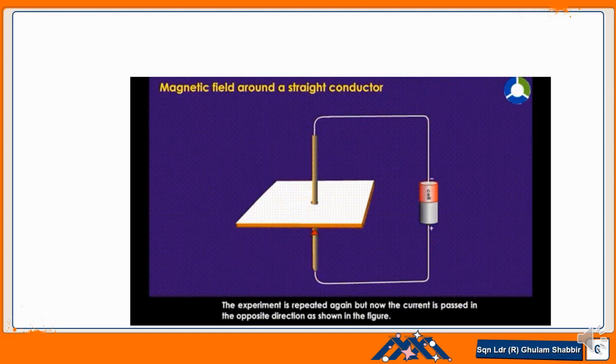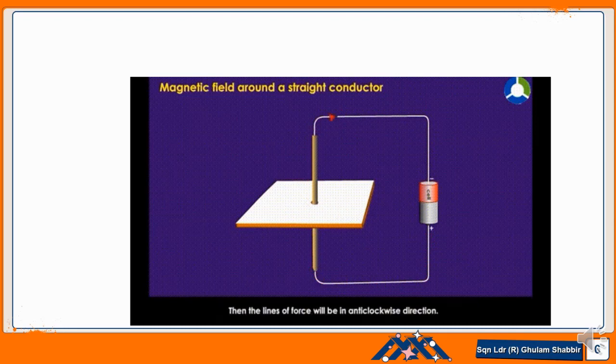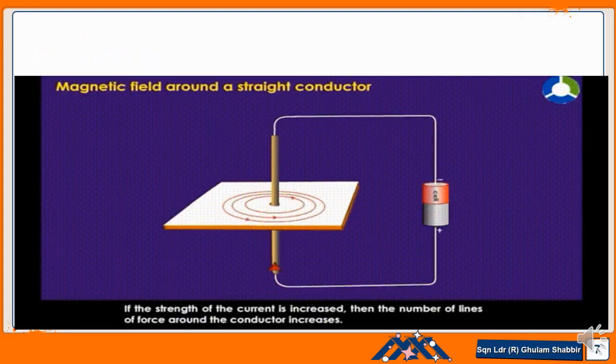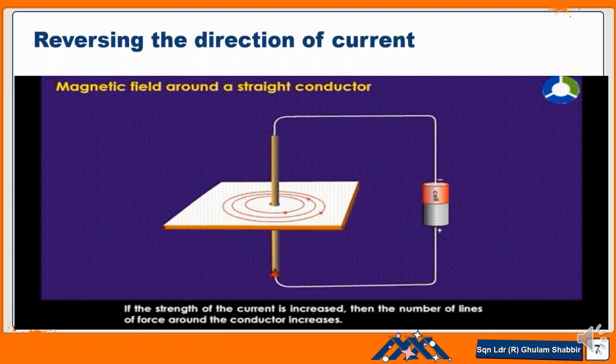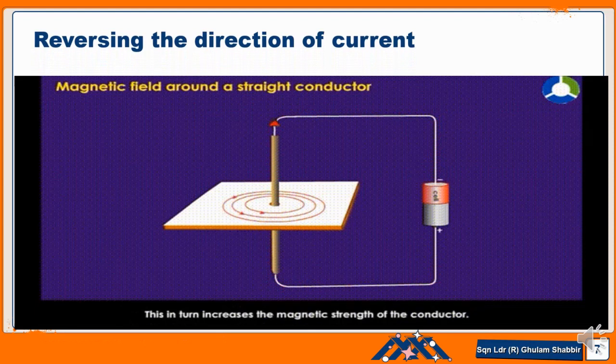So the direction of the magnetic field lines is reversed, because the current is reversed already. In this, you see the direction can be determined with the help of the right hand grip rule.